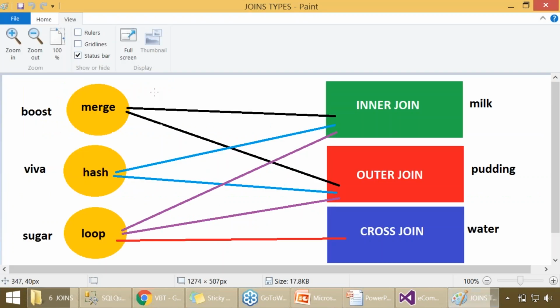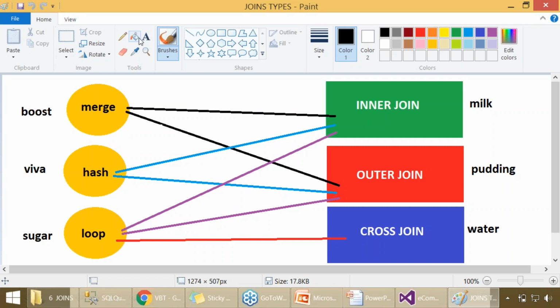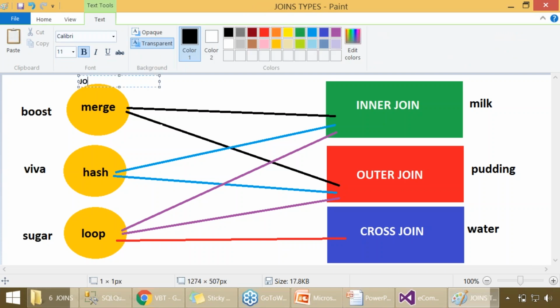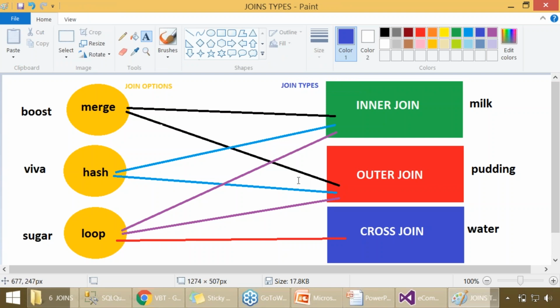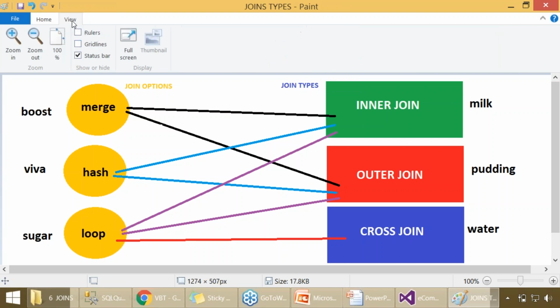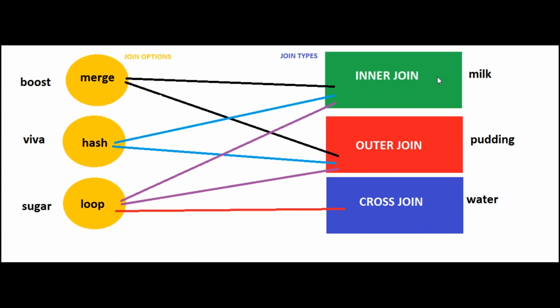Merge. Here it is, friends. So these are the join options, and these are the join types. For easy comparison, something like this: you have milk, and you can add some Boost or energy drink.